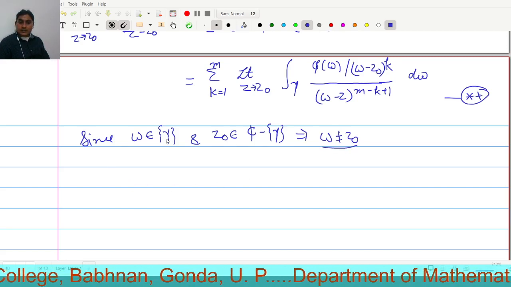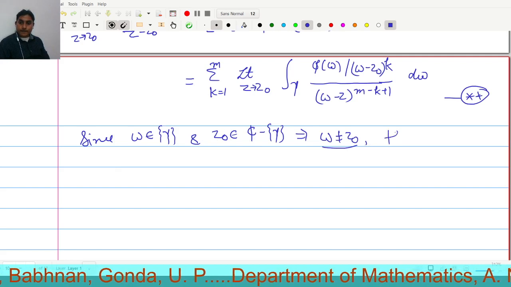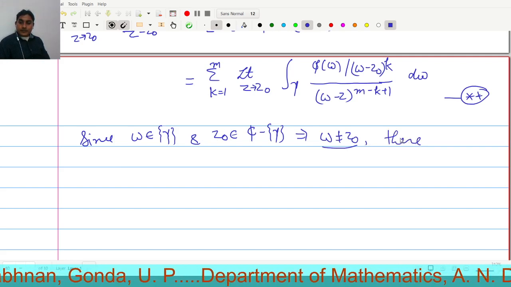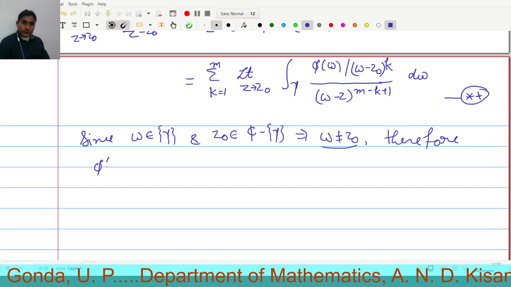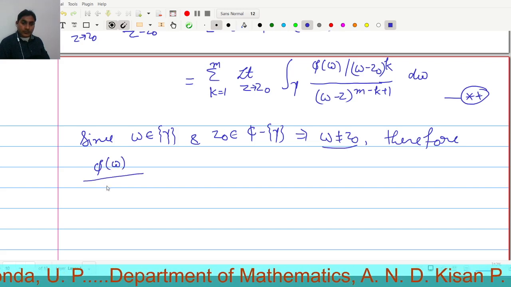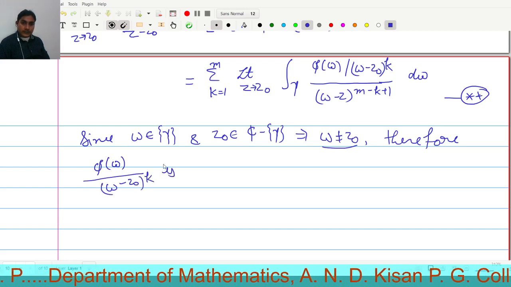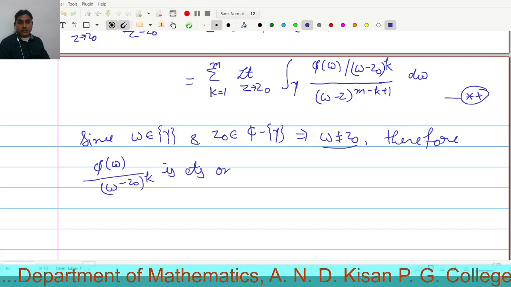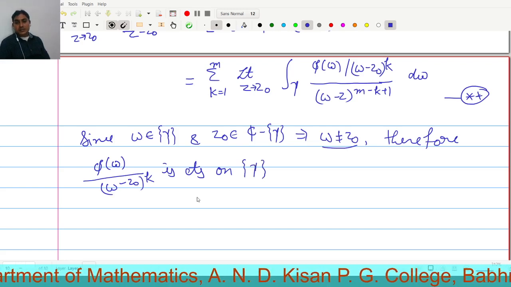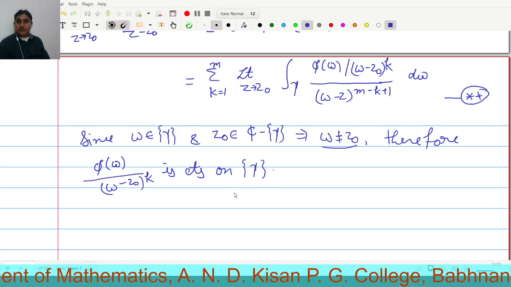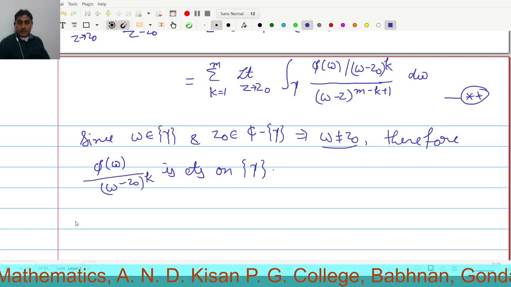Therefore phi of w upon (w minus z naught) to the power k is continuous on the trace of gamma.